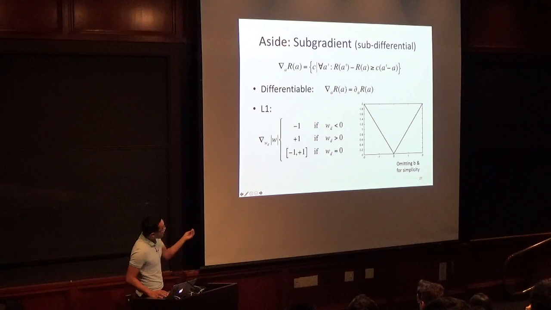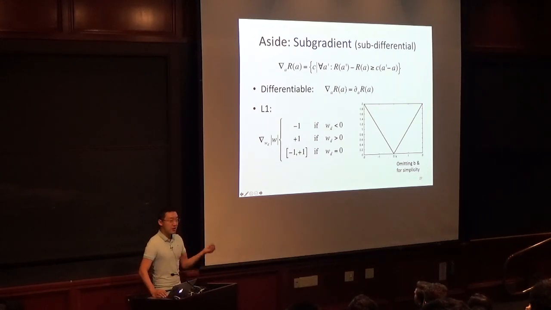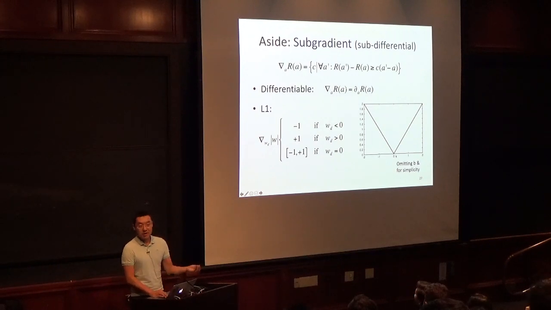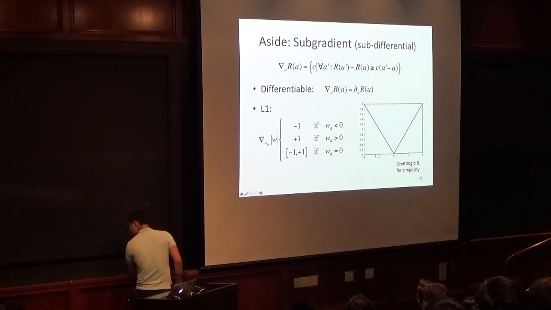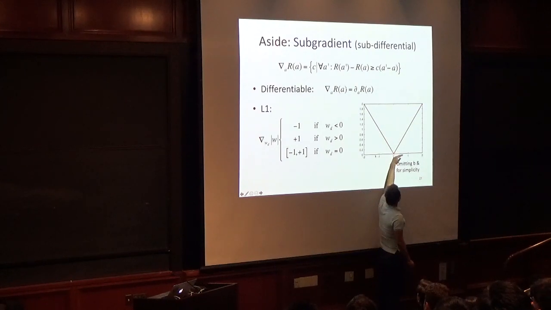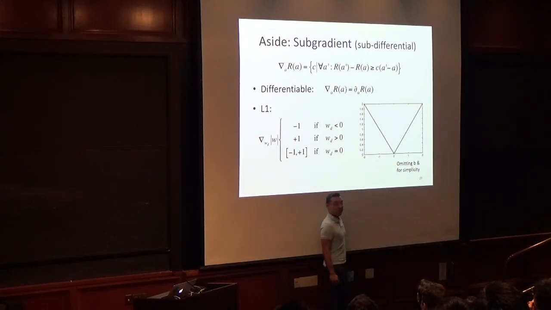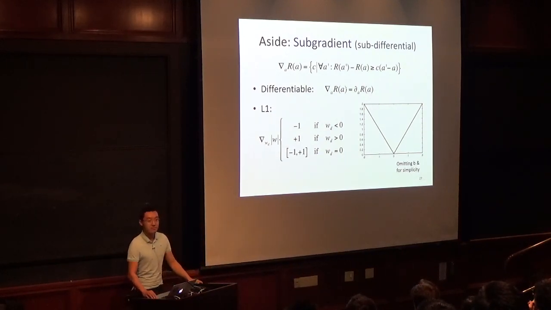At exactly w equals 0 is where the function is not differentiable. The gradient doesn't exist. The subgradient is the entire interval from -1 to +1, because all the slopes from -1 to +1 sit underneath this function at 0. So the subgradient is the set of all possible slopes from -1 to +1.